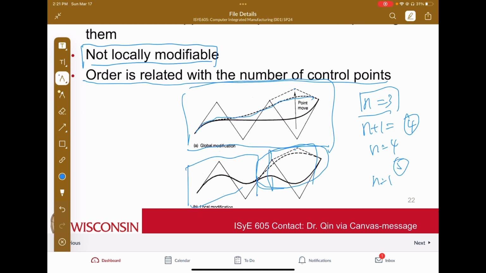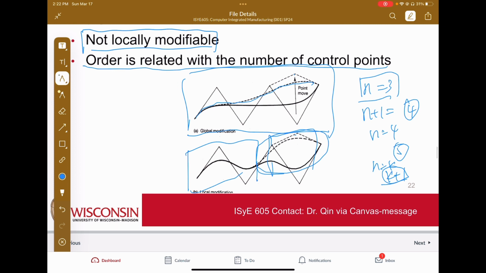To get order k, we need k plus 1 control points. This gives a lot of trouble in the calculation. If we want high-order curves, we have to add more and more control points and make the order higher, which makes the calculation more complicated.